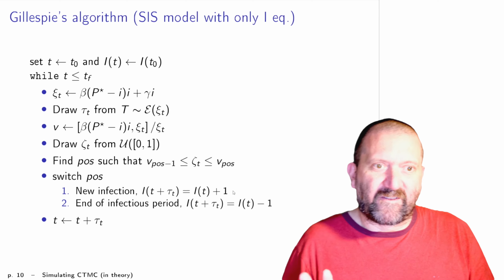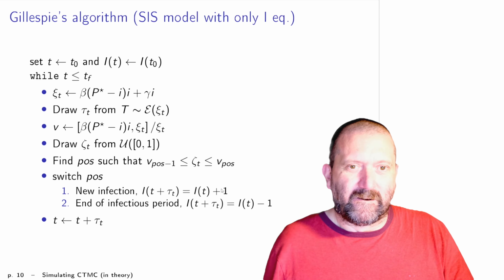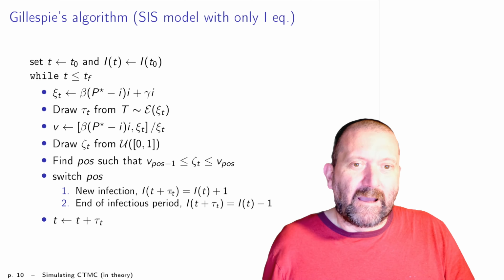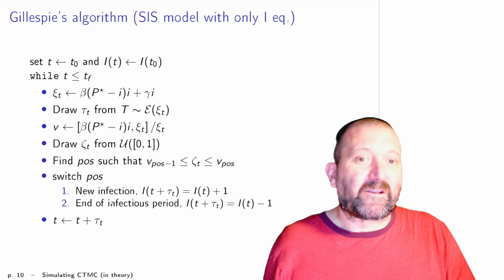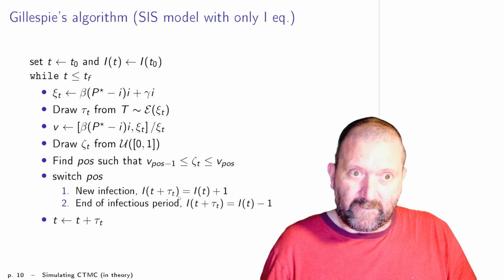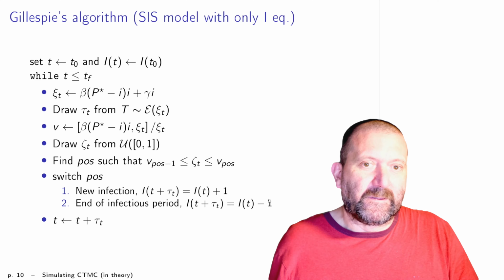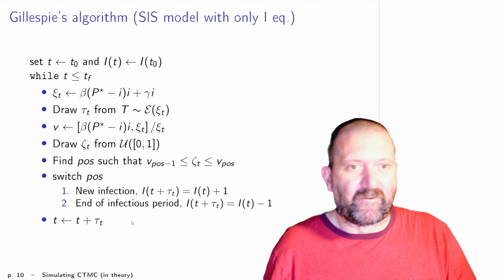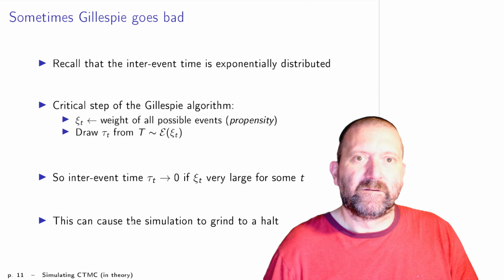Remember, I'm forgetting the S equation for now. Otherwise, if I'm in the second position, then I have the end of an infectious period and I of t decreases by 1. Then I increase the time and I continue.